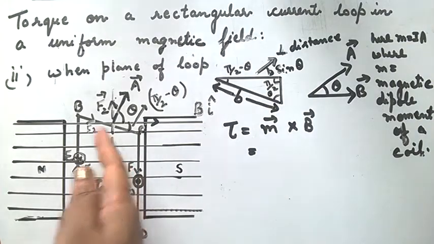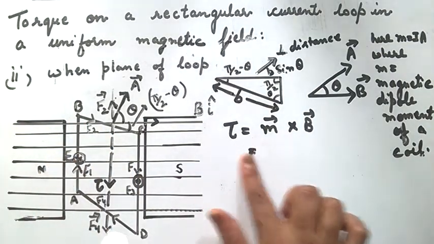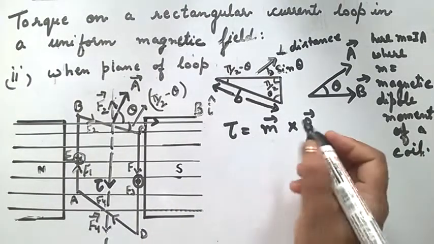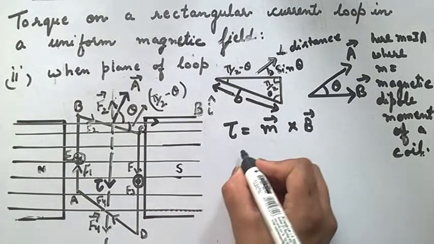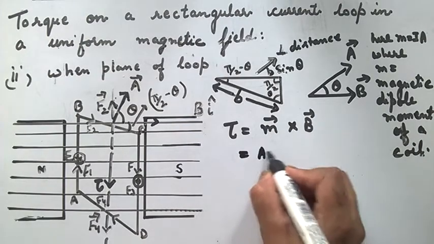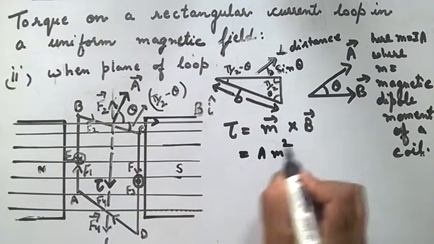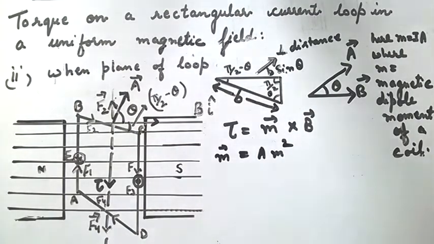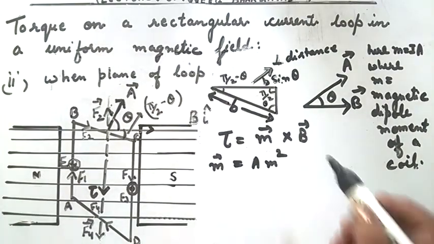Here, unit of magnetic dipole moment is ampere into meter square. Thus, torque in terms of magnetic dipole moment is M cross B vector.